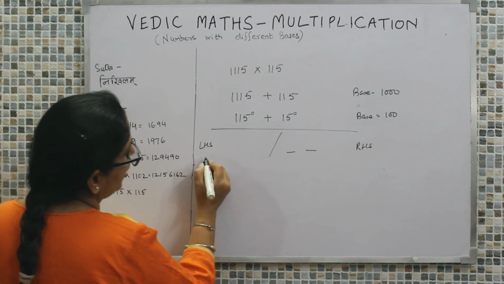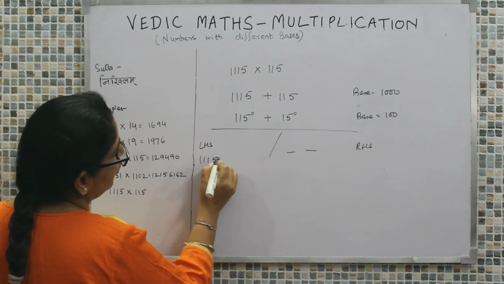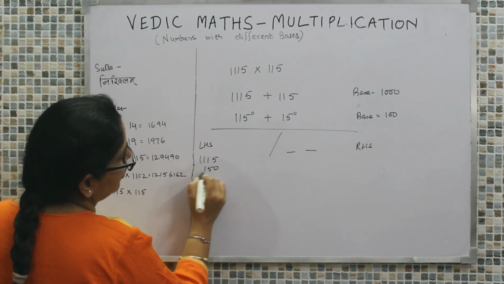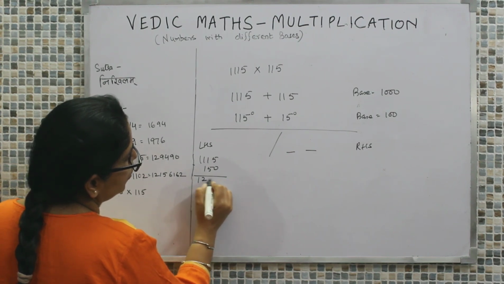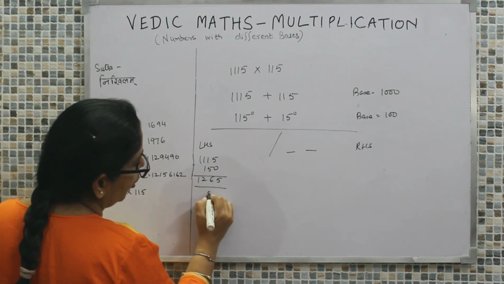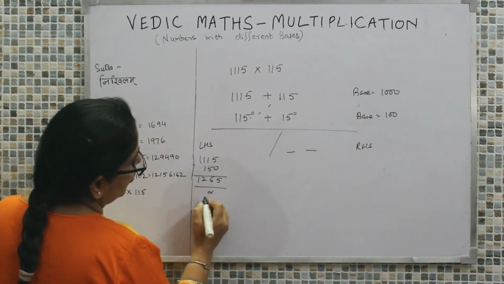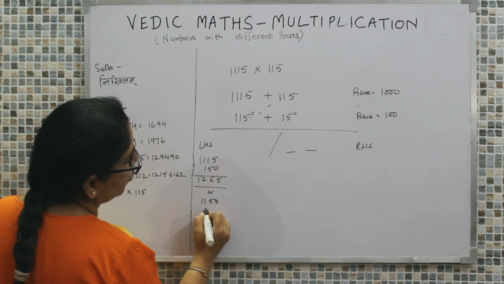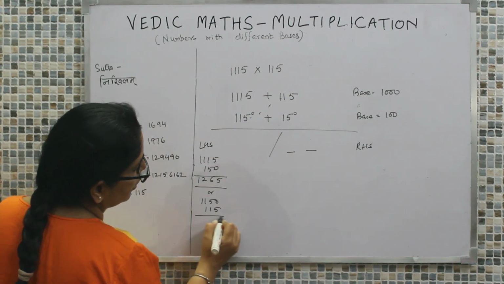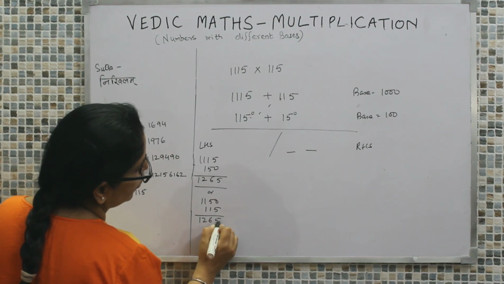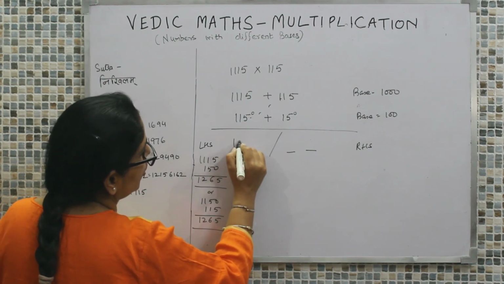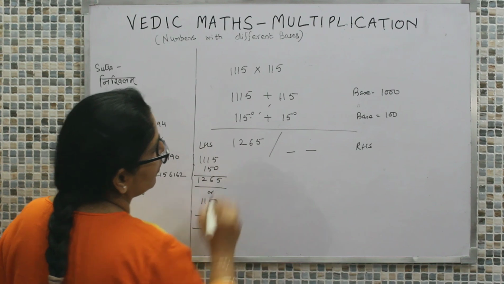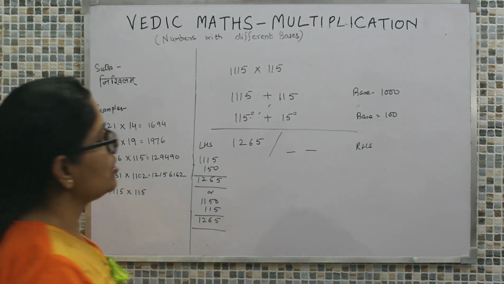For LHS we have 1115 plus 150. So that is 1265, or 1150 plus 115. So that is 1265. So we have either combination, 1265. Now coming to the RHS.